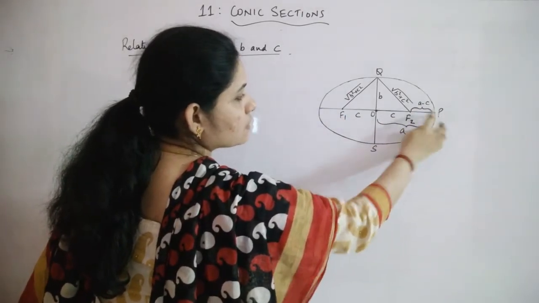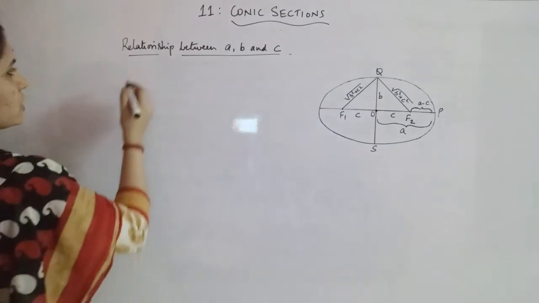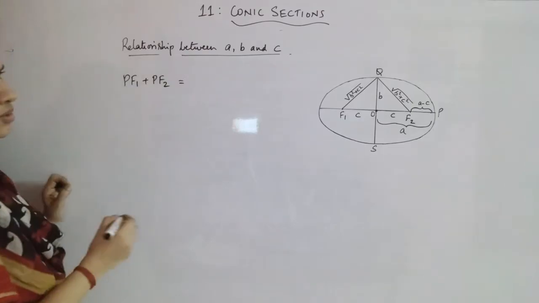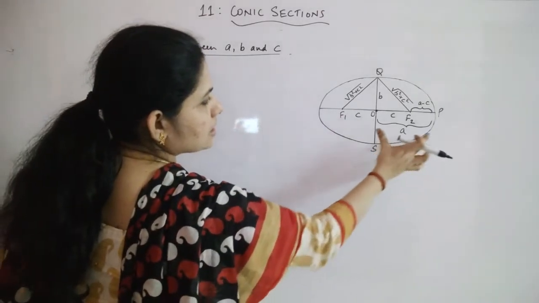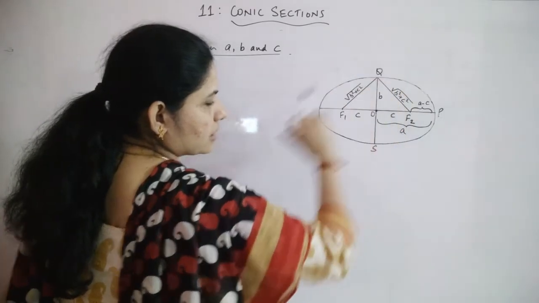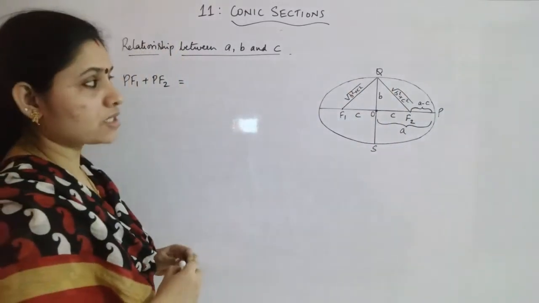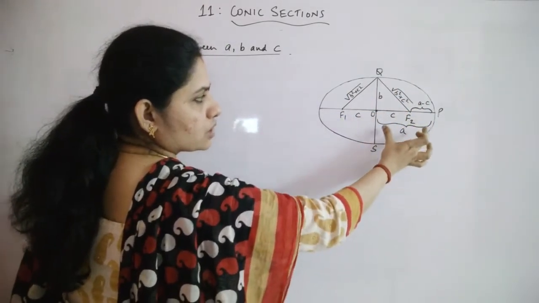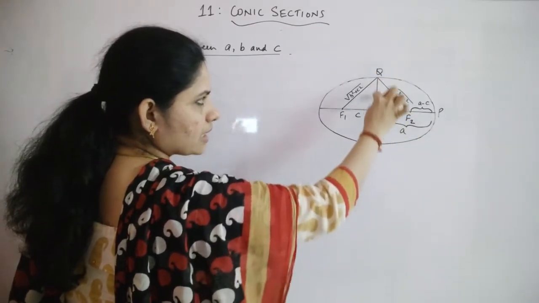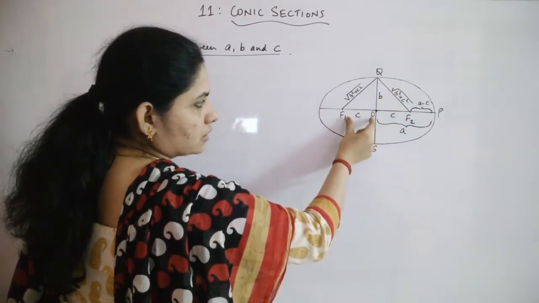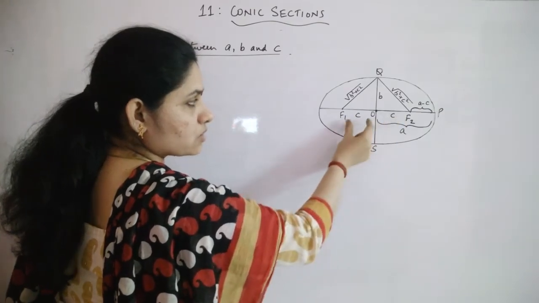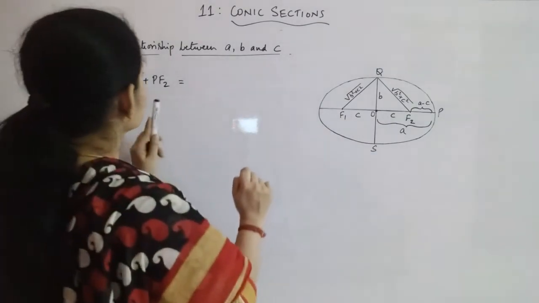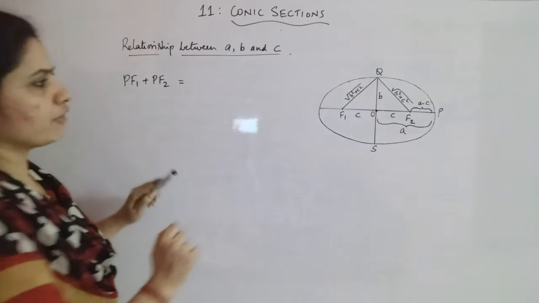The sum of the distances, PF1 plus PF2, will be what? You can see this length is a, this length is b, because the total minor axis is 2b, and the total major axis is 2a. The distance between the foci is 2c, so this is c and this is also c, because O is the midpoint of F1F2.